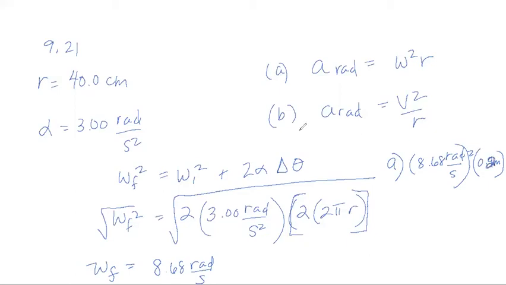I want the radius. That's the diameter, sorry about that. So the radius is going to equal 0.2 meters. All right, and from this, we're going to get a radial of 15.1 meters per second squared.